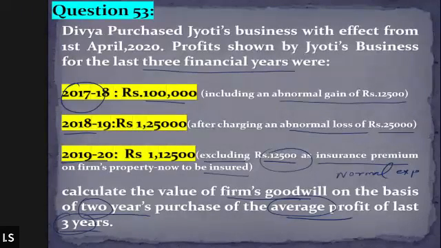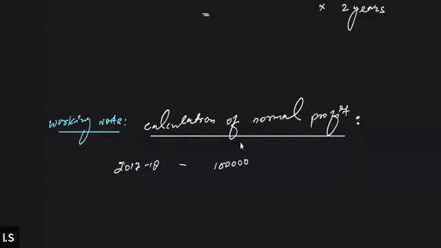This was earlier included while calculating the profit of 1 lakh. In order to find out the normal profit, what should I do with the abnormal gain of 12,500? Subtract. Yes, we should subtract it. Correct. We will be subtracting 12,500 out of it.